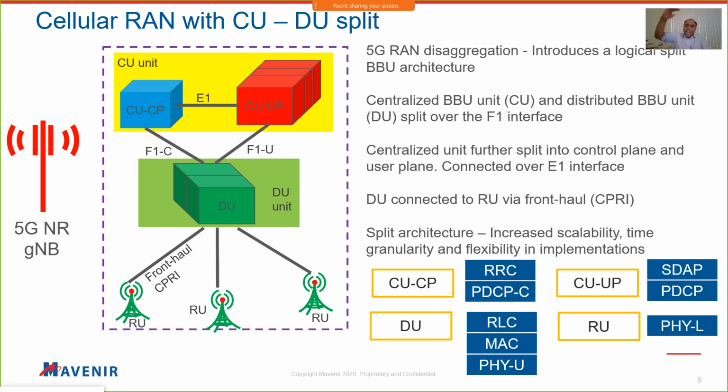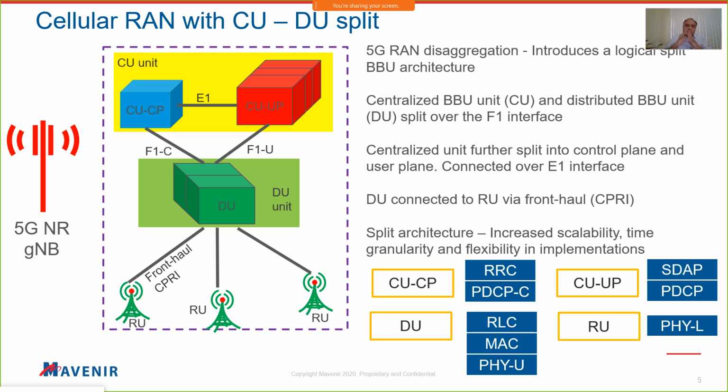The layers of the RAN protocol stack are mapped onto these individual logical nodes. For example, the RRC layer and the PDCP control plane layer of the RAN protocol stack are mapped onto the CUCP. CUUP is responsible for the SDAP and the PDCP layers. DU is responsible for the RLC, MAC, and upper PHY, and RU is responsible for the lower PHY or for RF transmission.